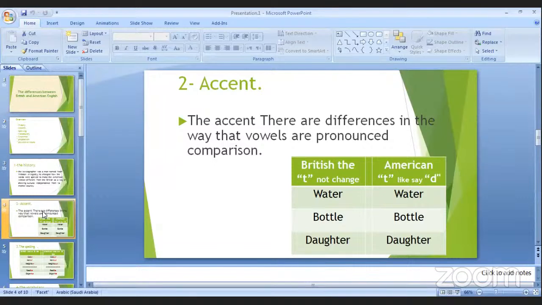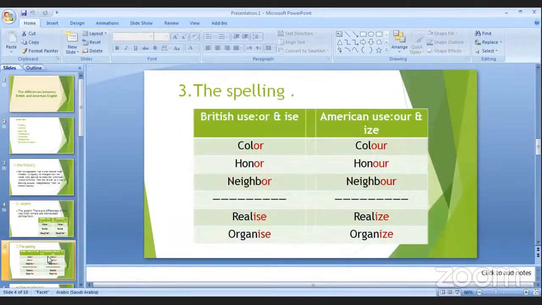But in American English, water. In British, bottle. In American English, bottle. Okay. In British, daughter. In American, daughter. Well done. All right. That's a very important point. Yes, go ahead.